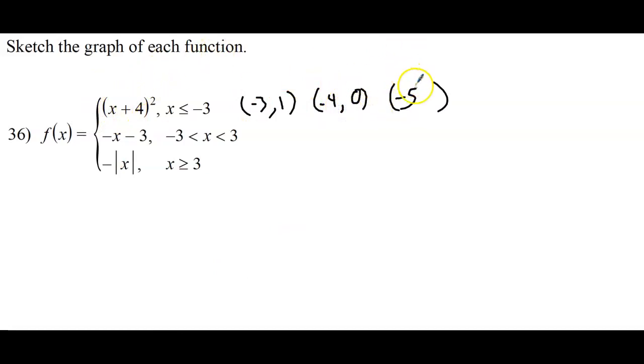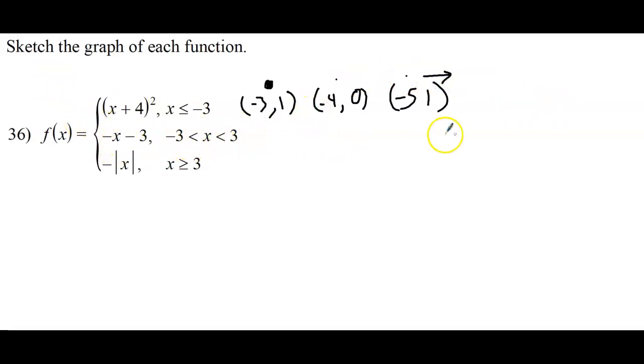Plugging in -5, I would get 1. Now, for the boundary point here, -3, you'll notice that there is an equal sign on the inequality there, and because of that, it will be a closed dot. These other dots will always be closed, and on the last one we'll put an arrow after it just to indicate that it does keep going after that.